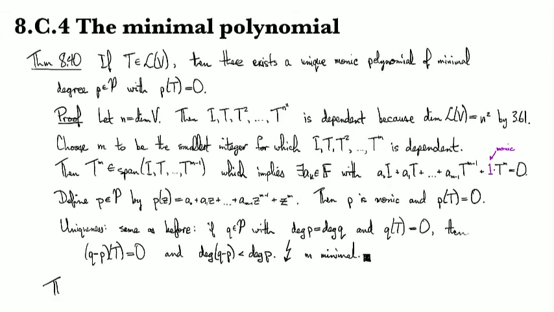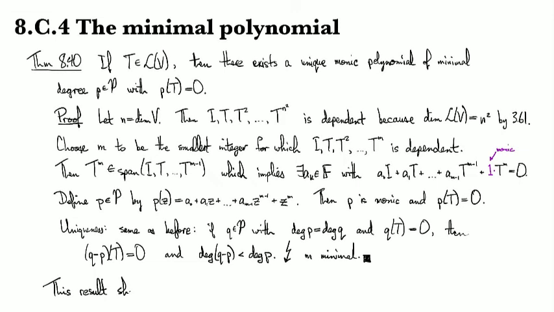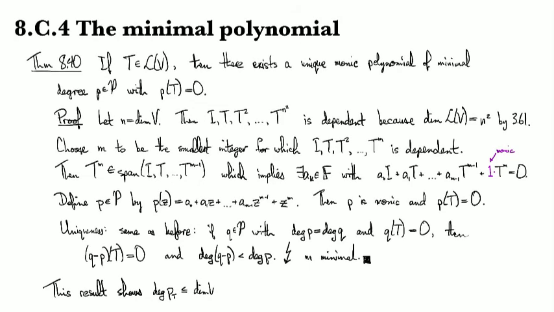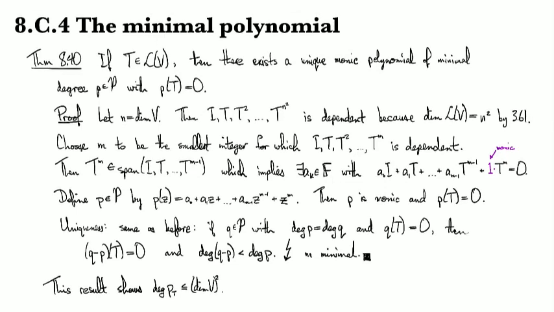So it also follows from this result that the degree of the minimal polynomial is no bigger than the square of the dimension of the vector space that you're looking at.